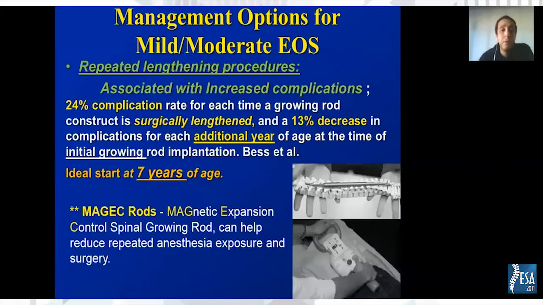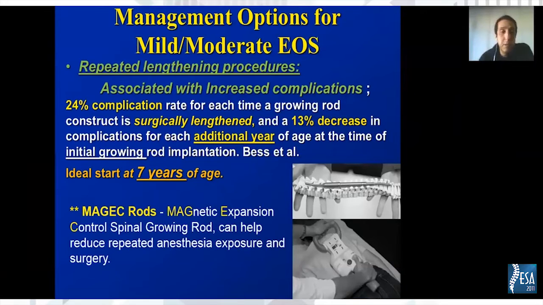So management of early onset scoliosis for the mild or moderate curves has routinely been growing rod constructs, but it's important to know that there's a higher rate of complication for every episode of surgical lengthening, as high as 24% addition in complication rates.